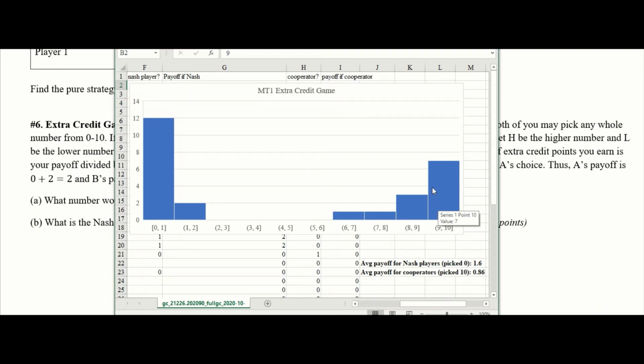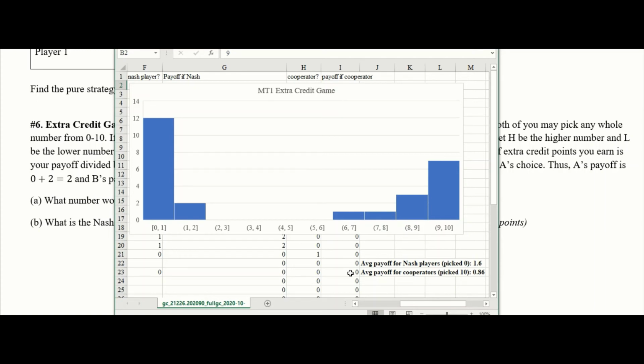So because there are so many cooperators out there, is it going to be best in practice to play the Nash strategy? It turns out that for this class, you are best off playing the Nash strategy. The average payoff for all the Nash players who picked 0 was 1.6. They outperformed the cooperators who picked 10.